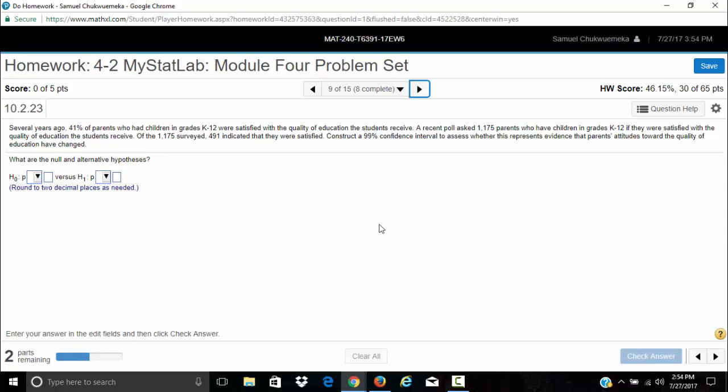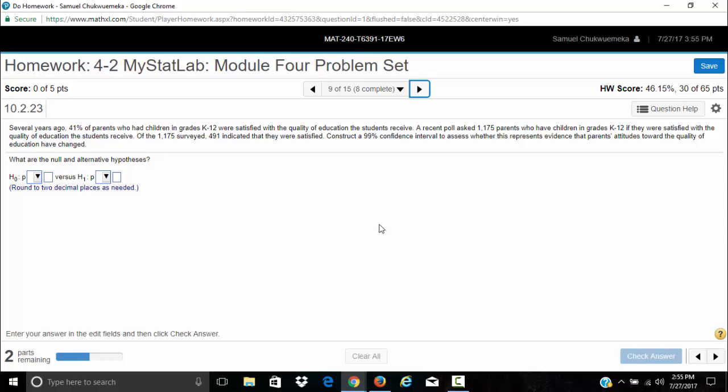A recent poll asked 1,175 parents who have children in grades K through 12 if they were satisfied with the quality of education the students receive. Of the 1,175 surveyed, 491 indicated that they were satisfied.